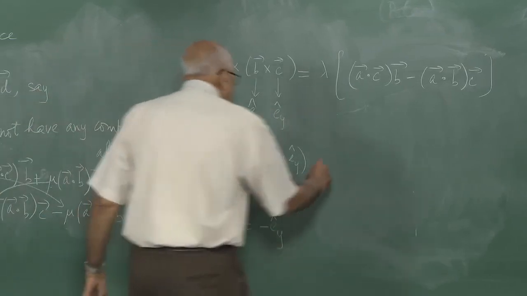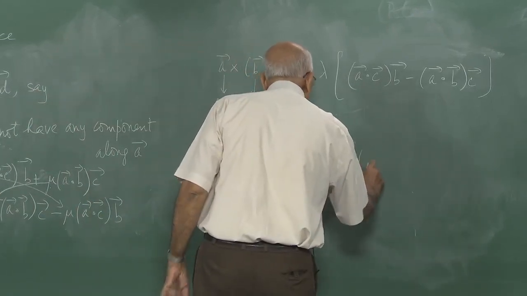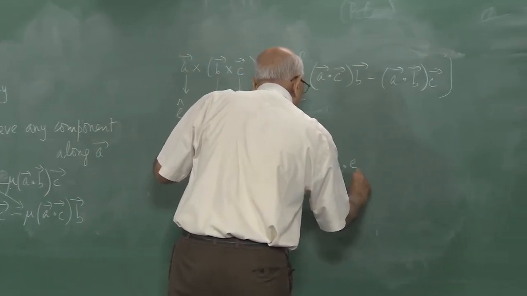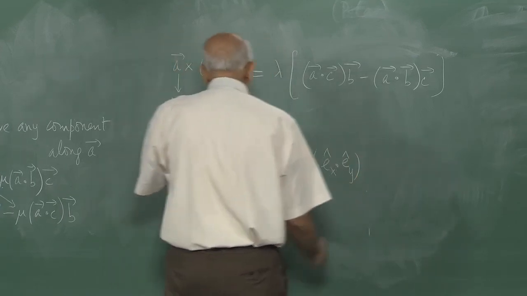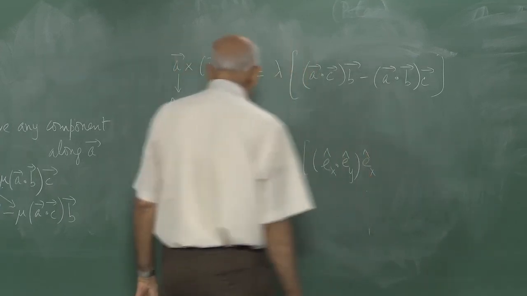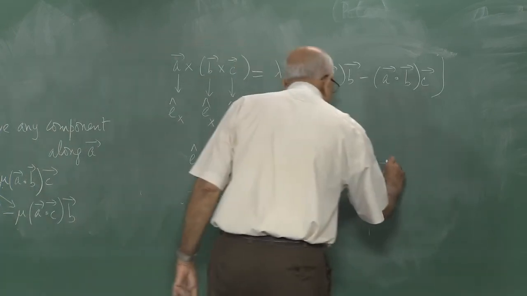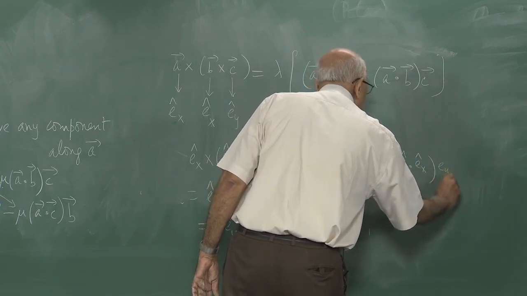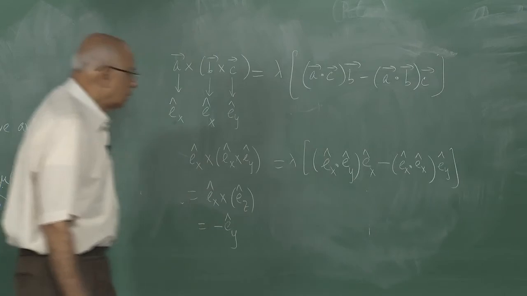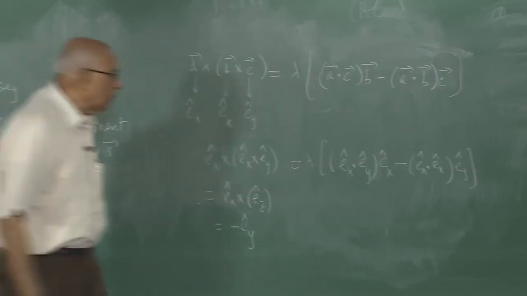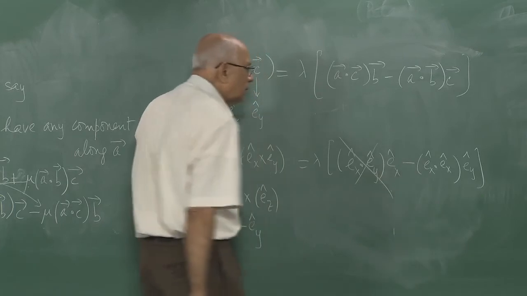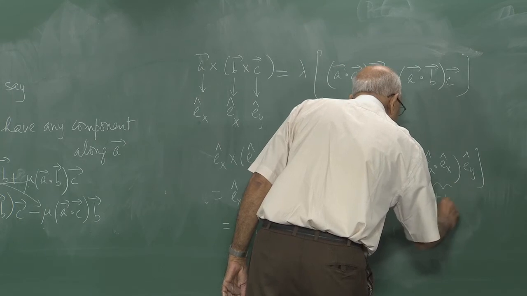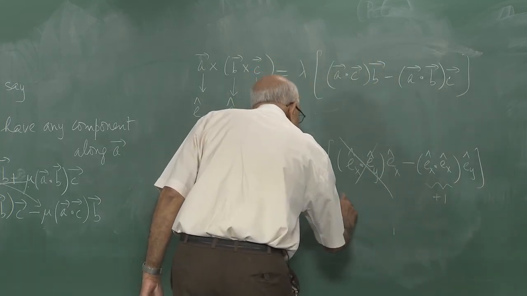But I apply this formula and I get lambda times A dot C, but A was Ex and C was Ey, Ex dot Ey, times B, which was also Ex, minus A dot B, which is Ex dot Ex, times C, which was Ey. But Ex and Ey are perpendicular to each other, so Ex dot Ey is 0, and Ex is a unit vector, so Ex dot Ex is plus 1. So on this side you get minus lambda Ey.